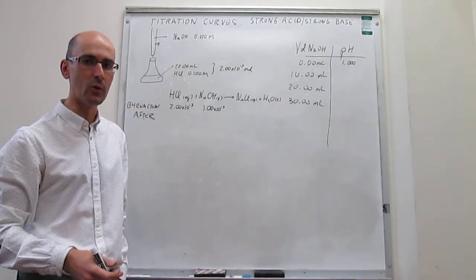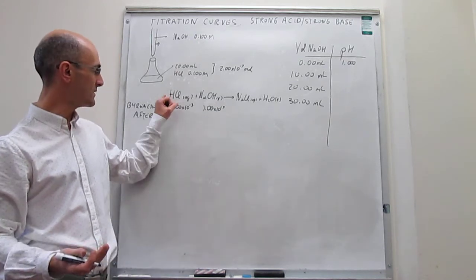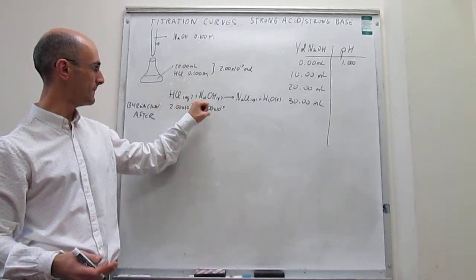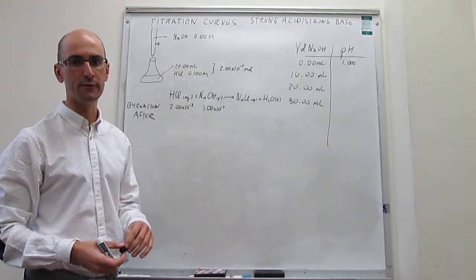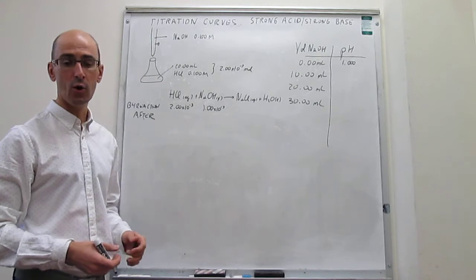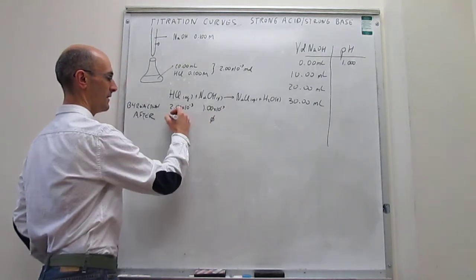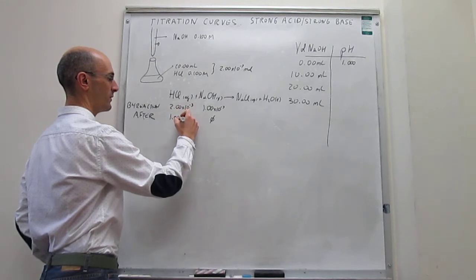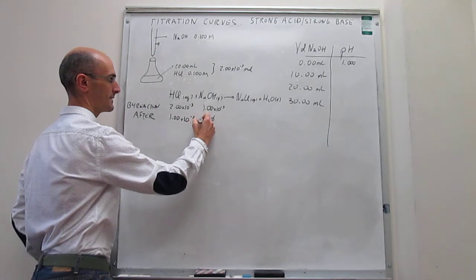Because the stoichiometric coefficients are 1 to 1, acid will be in excess at the end of this addition of base, and all of the base will be consumed. So the base gets to 0 after the reaction, and the amount left over will be 1.0×10^-3 moles of the acid.